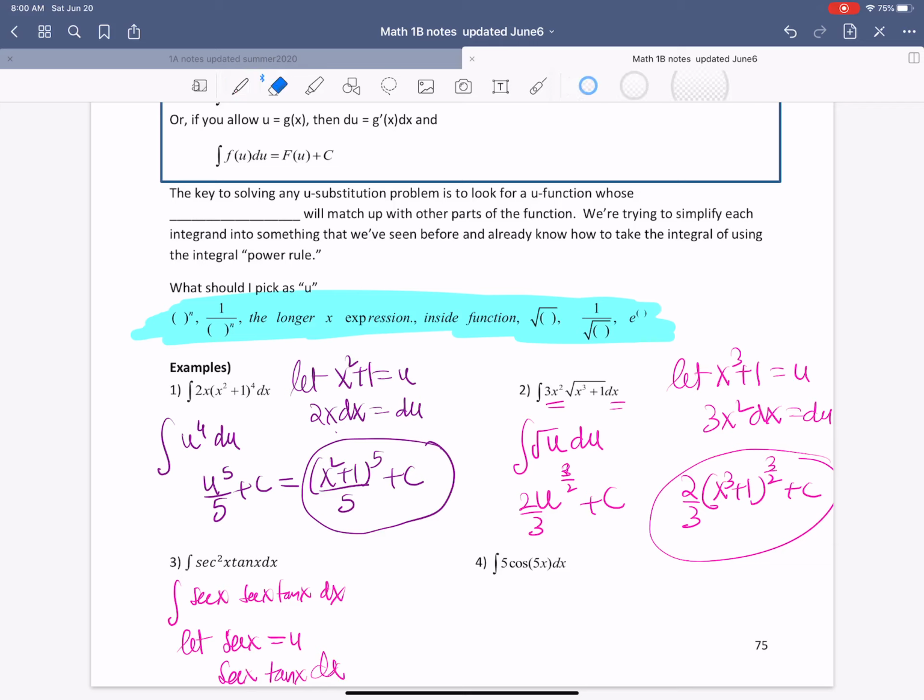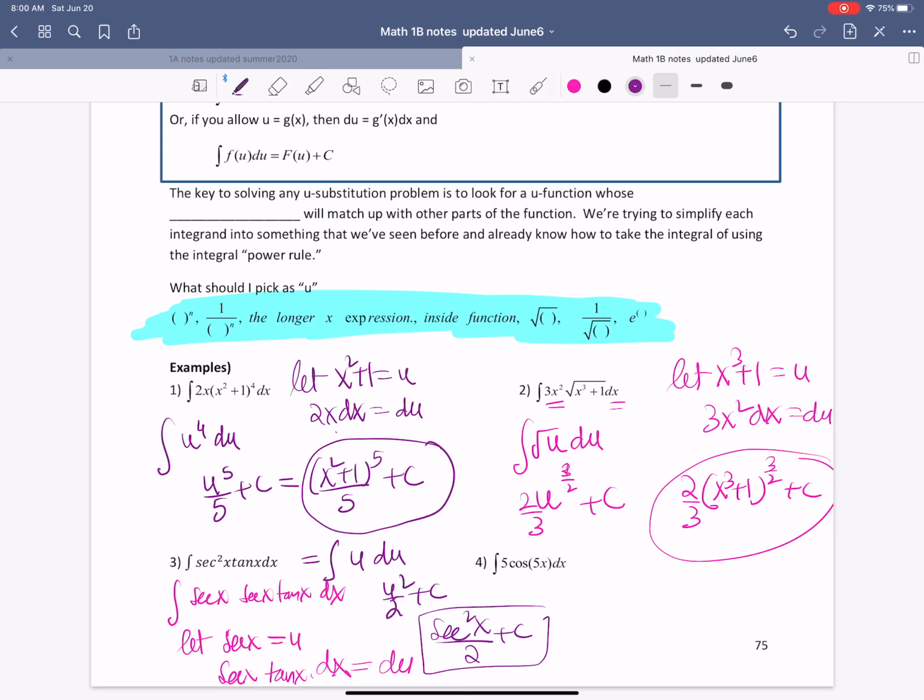So this entire expression actually becomes u du, which is u squared over 2 plus c. And now we're going to replace the u, so it's secant square x over 2 plus c. Okay, and let's check out the next example.